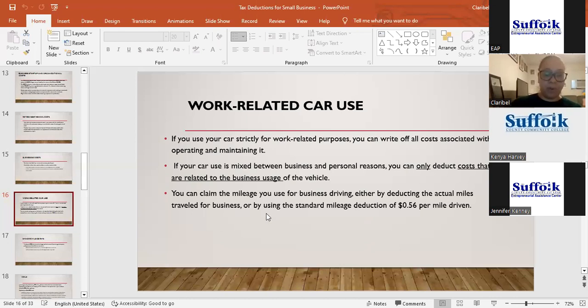Normally people do both and use the highest one. If you keep receipts for your gas and everything you spend on your car, and it's less than if you were to take the standard rate per mile, then you would take the standard. But if your actual expense for the car is higher, then you would take whatever is higher.